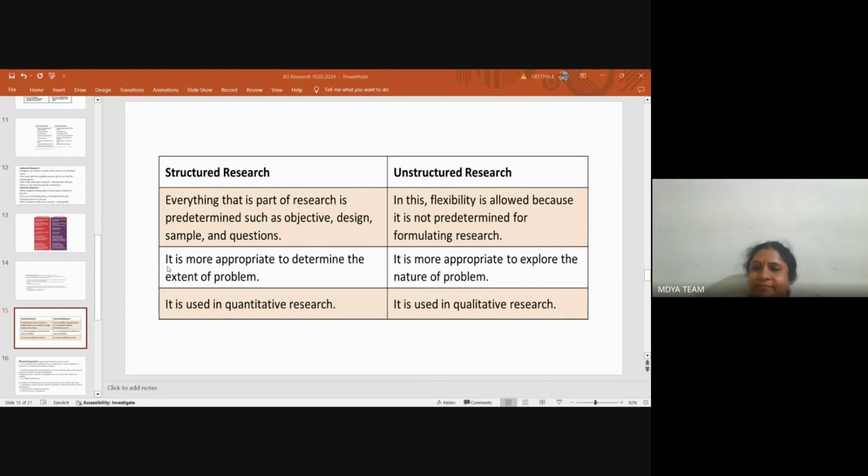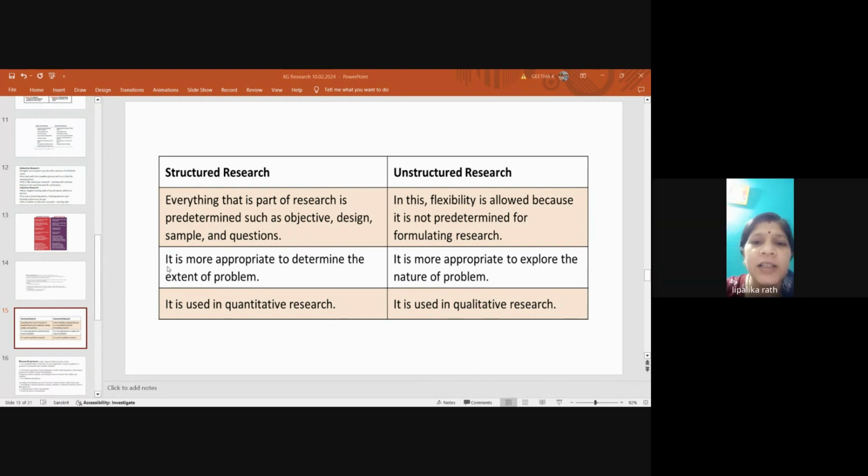Yes, ma'am. So structured research means the consequences already exist. For that, we have to plan the research. Means we have to prepare the objective, design, questions, samples, how we should approach these problems.